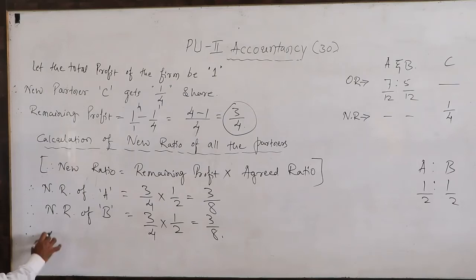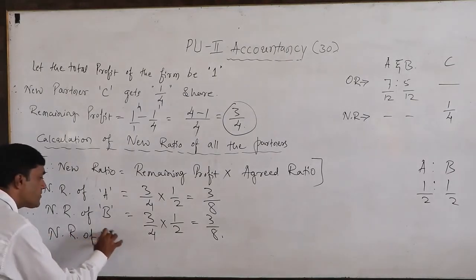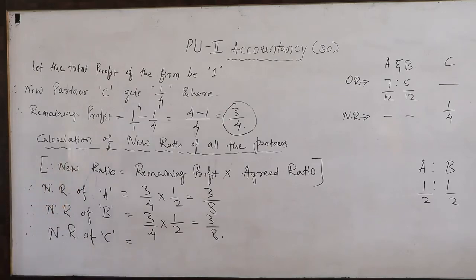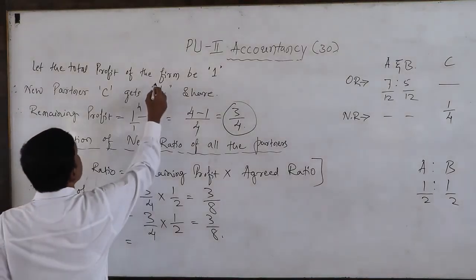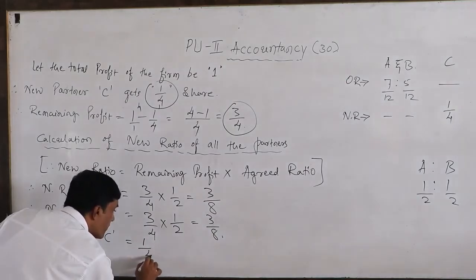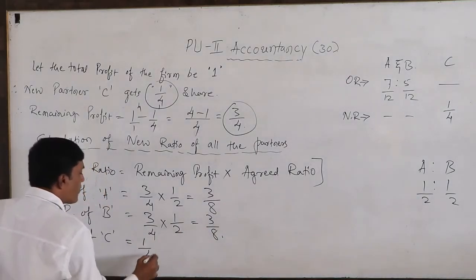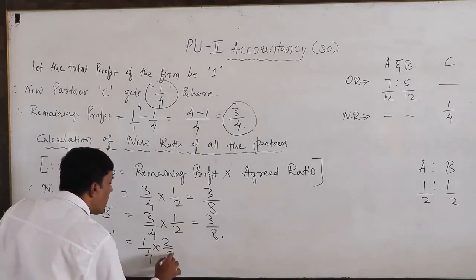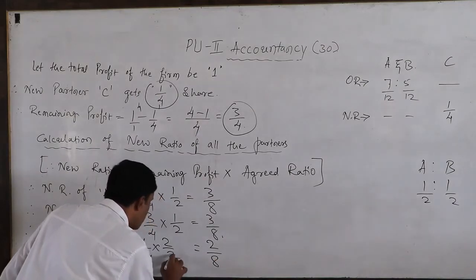So new ratio of C, already they have given in the problem. New ratio of C, we just need to convert the fractions. The new ratio of C is 1/4. To get 8 from the 4, we need to multiply 2 by 2. So you can write 2 by 8.